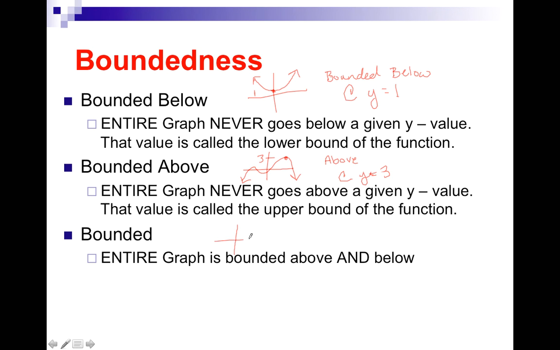And we're going to get very familiar with a set of bounded functions. This is the sine function from -1 to 1. We say this is bounded between -1 and 1, or bounded above at 1 and bounded below at -1. And that entire function will never go above or below those two numbers.